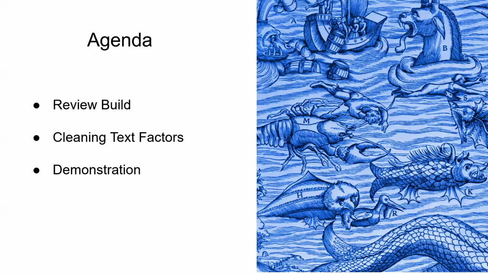So what we're going to do today is a quick overview of the build option in the Gale Digital Scholar Lab, just to get our bearings, and then we're going to look at the cleaning portion of it. It's very important and integral.